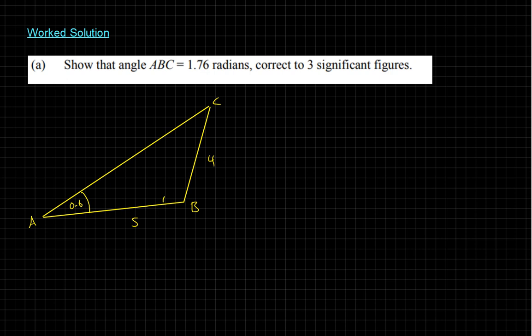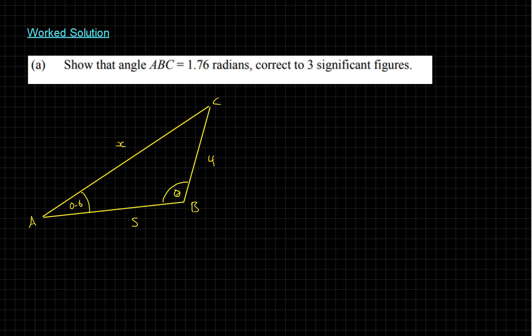I'm going to give it a name. Actually, let me call it theta. That probably makes a bit more sense because it's the first angle we're naming. I'll call it theta, and I'm going to call the missing side, which we don't know, x.